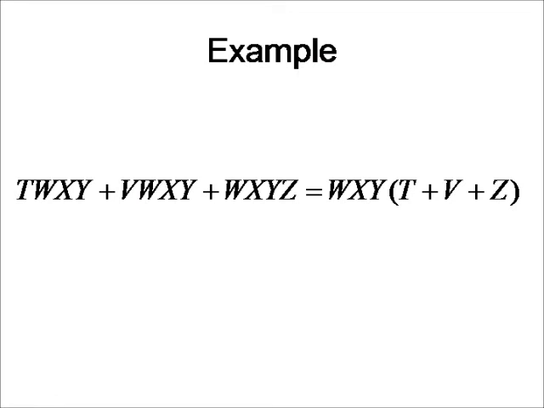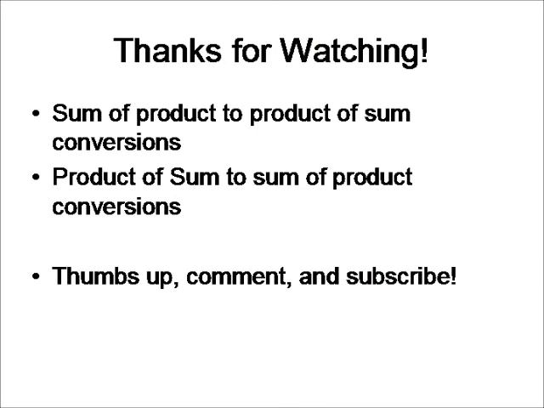We're going to look at more of these equations a little bit later on, and we're also going to look at sum of product to product of sum and product of sum to sum of product conversions when we move on to the third part of Boolean algebra. So anyways, thank you for watching this second part. I know it was mostly problems, and it's a little bit different from the other videos that I did, because I lectured a lot in those videos, and in this one I just threw problems at you.